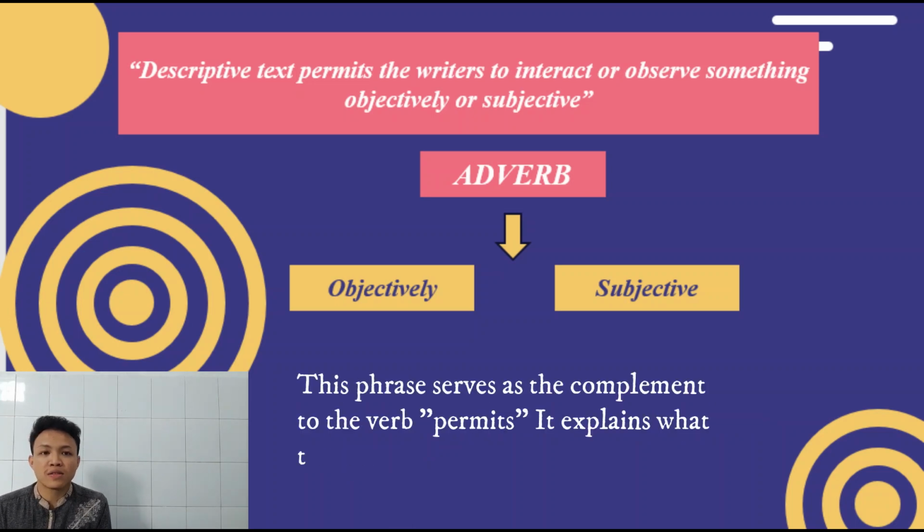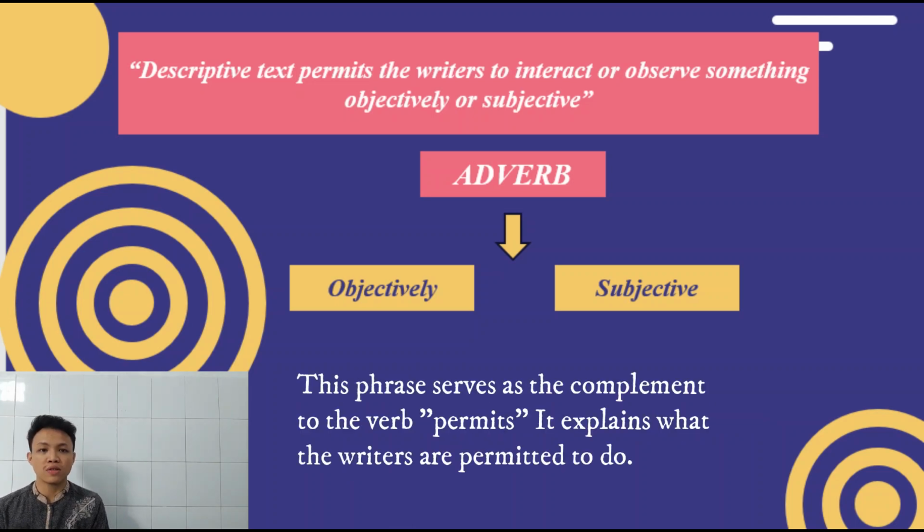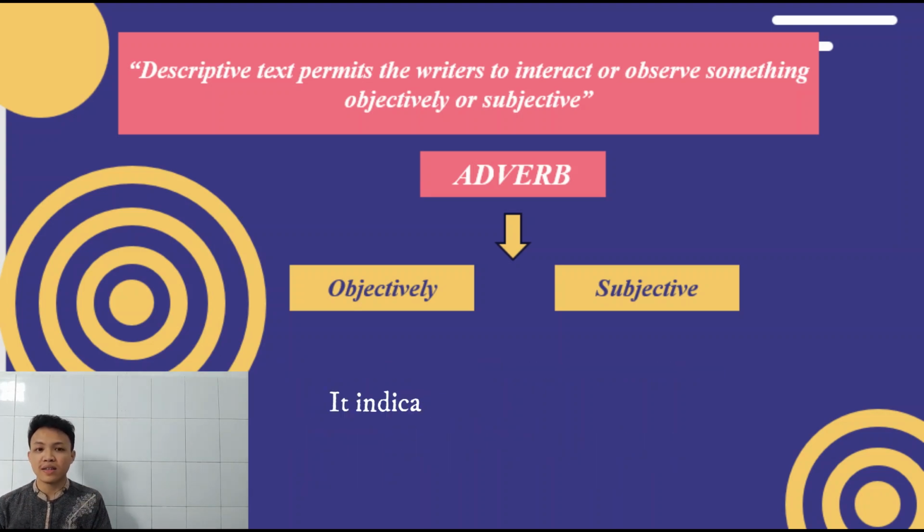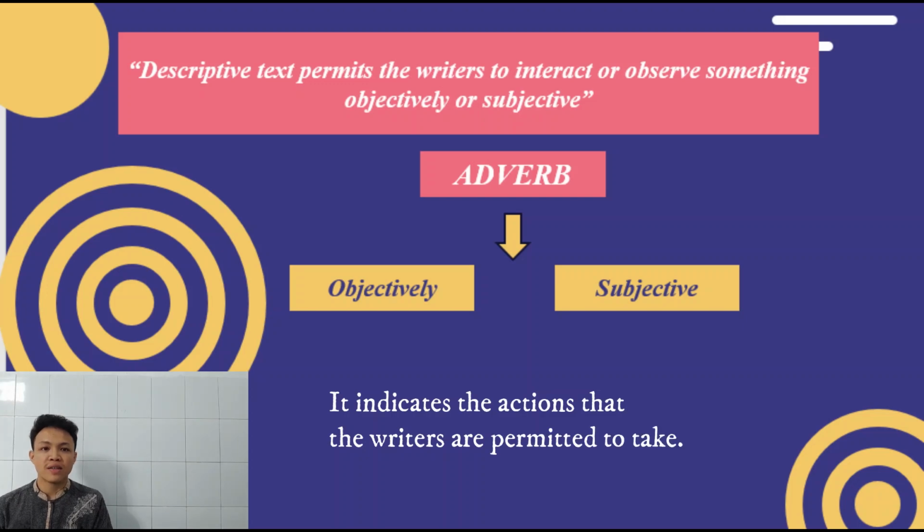This phrase serves as the complement to the verb permits. It explains what the writers are permitted to do. In the phrase to interact or observe, this is an infinitive verb. This infinitive verb complements permits. It indicates the actions that the writers are permitted to take.